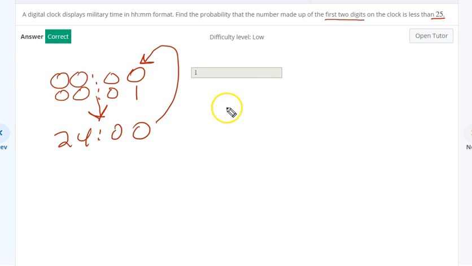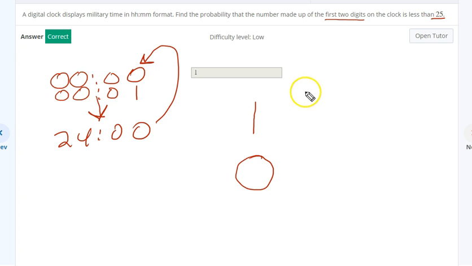So what is always in probability? Well, that's 1. That's the whole. Now, if they were to ask that the military clock would be more than 25 in the first 2 digits, well, it only goes up to 24. So it's never going to be 25. So that probability would be 0.